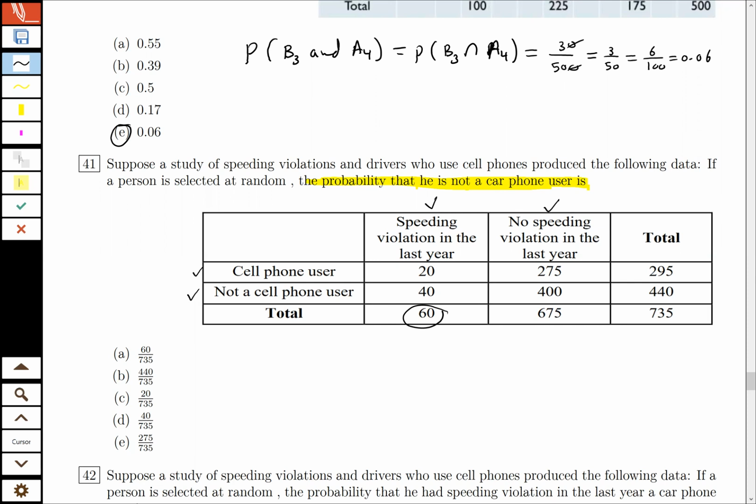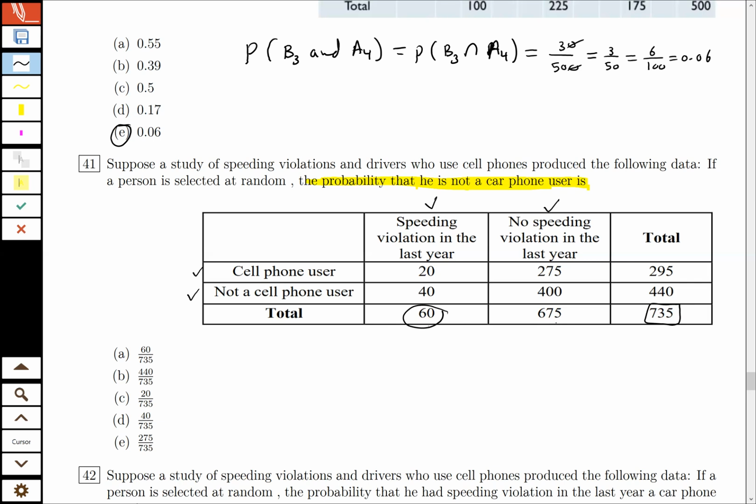They don't have a speed violation: 275 have a cell phone, 400 don't have a cell phone, so 675 did not get any ticket last year. The total number of people under the survey is 735. The total for those who have a cell phone is 295. The 440 don't have a cell phone. 60 get violations, and 675 did not get a violation.